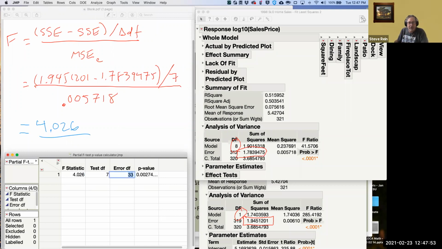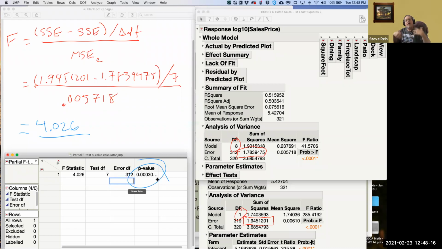Denominator degrees of freedom, that is the degrees of freedom in error. So that mean square error was found by taking our 1.7839, etc., divide through by 312. So I've got to have a 312 here. So 312, boom. My p-value is now 0.0003.